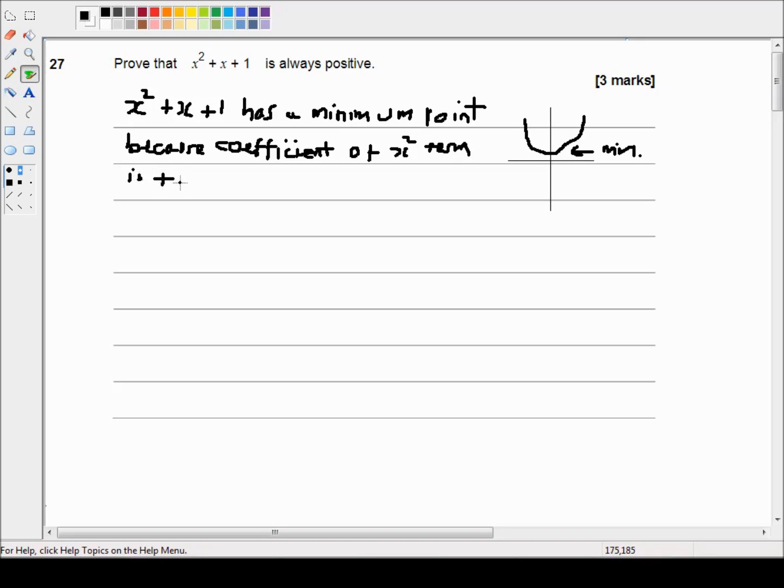I'm just going to write plus VE as positive. Okay, so that's the first line of my proof.